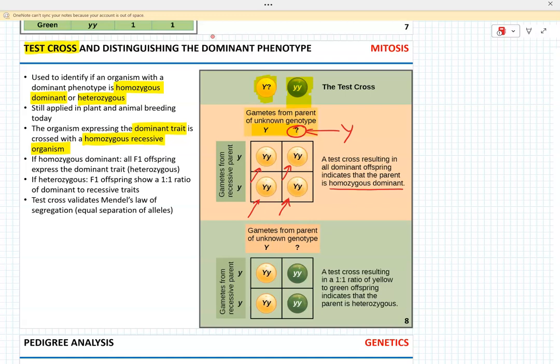If we observe the ratio of dominant and recessive phenotypes as 1:1, it means that this allele is lowercase y and the parent was heterozygous.